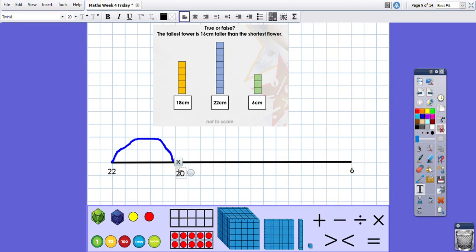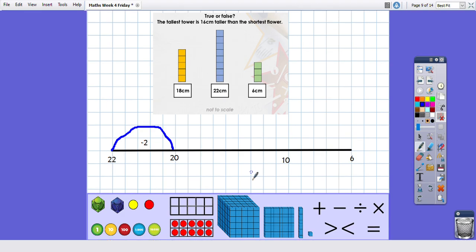So I'm going to put 20 there, and I know that to get from 22 to 20, I take away 2. Now I'm going to take away 10, because I know that 20 take away 10 is 10, and 10 is still bigger than 6. So there's my 10.